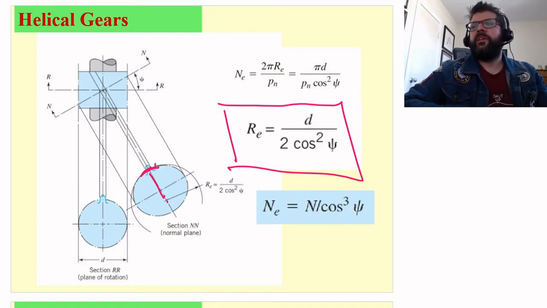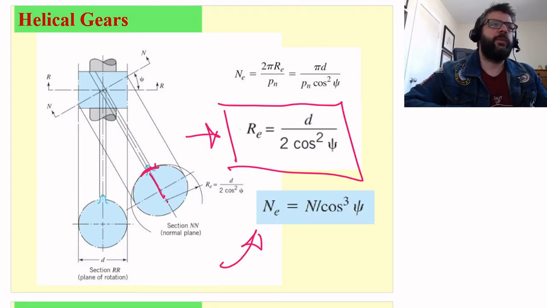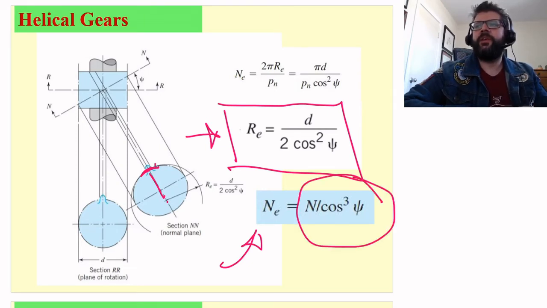Psi squared. If the effective radius is larger, then the effective number of teeth would be larger. So we can pretend that the number of effective teeth that we'd have is larger, based upon N divided by the cosine cubed of psi.